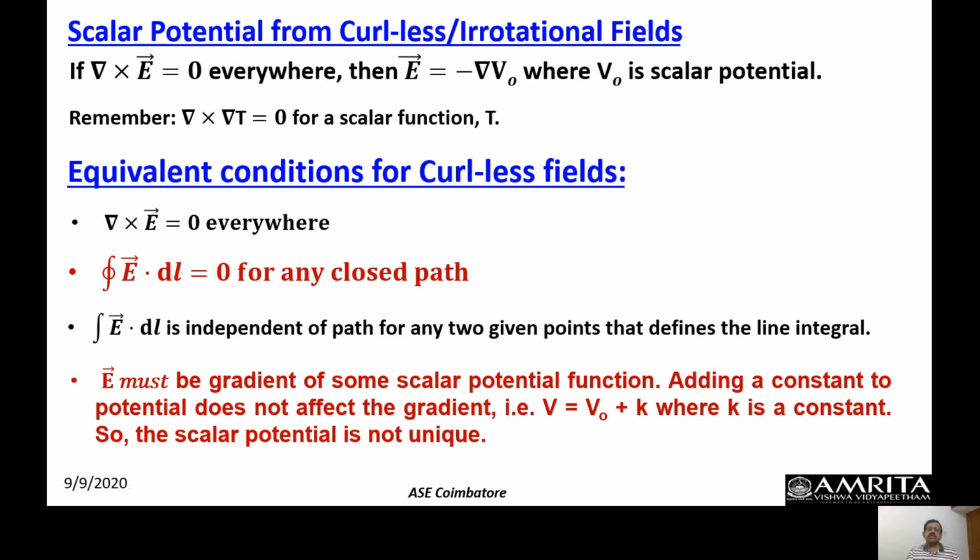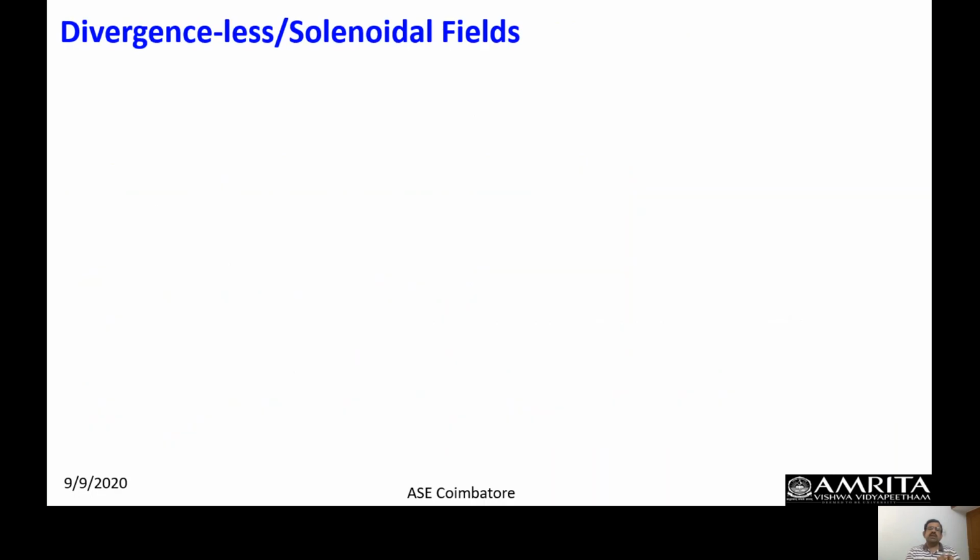Now, what are all the signatures for a vector function to represent a solenoidal field? By solenoidal field, we know that the divergence of that field must be 0. For example, if I have the vector function B, I have chosen B carefully because B is going to represent the magnetic field. We'll come to that.